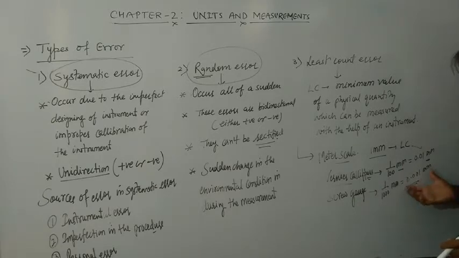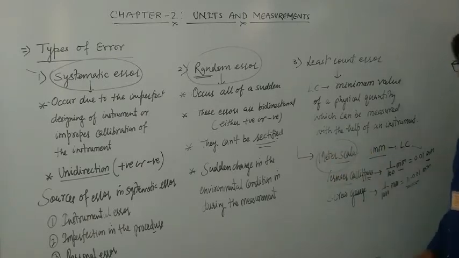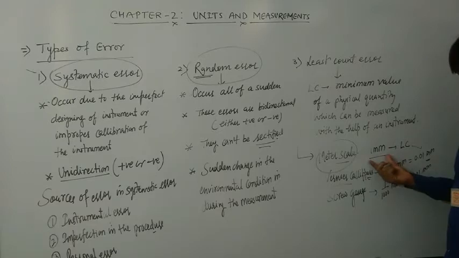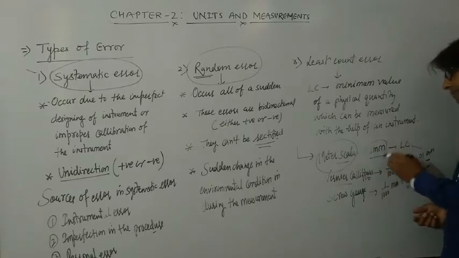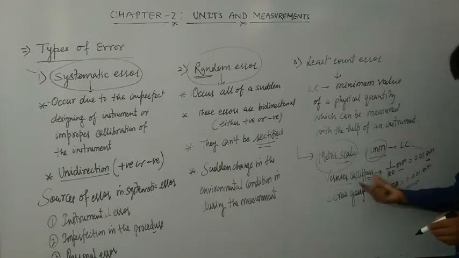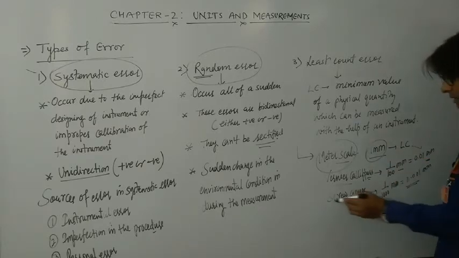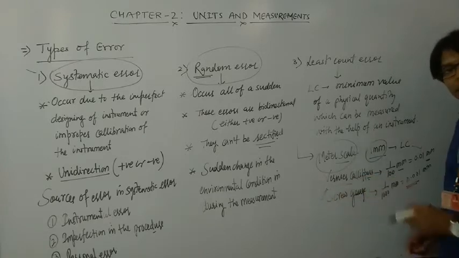If I use a meter scale for measurement, then the minimum value that can be measured is 1 mm. If you are using a vernier caliper for the same length, then the minimum value that can be measured is 0.01 mm. So this is more precise, and compared to all three, the screw gauge is the most precise.